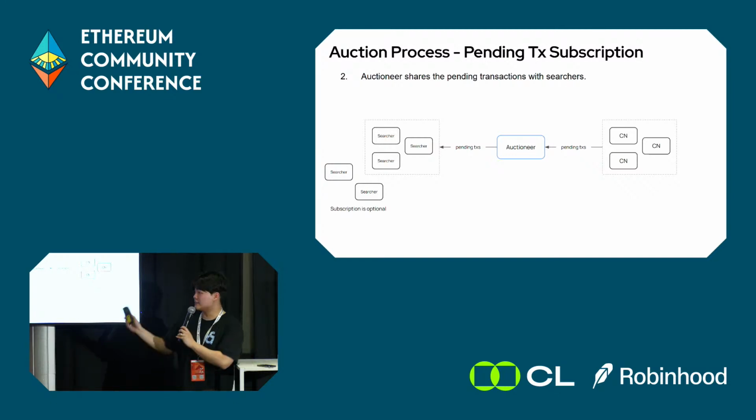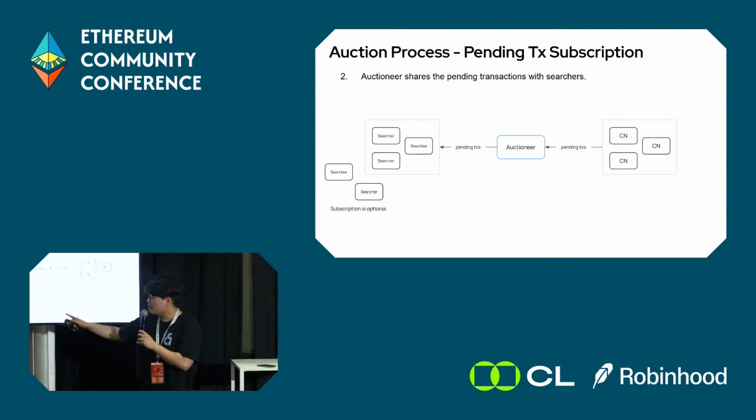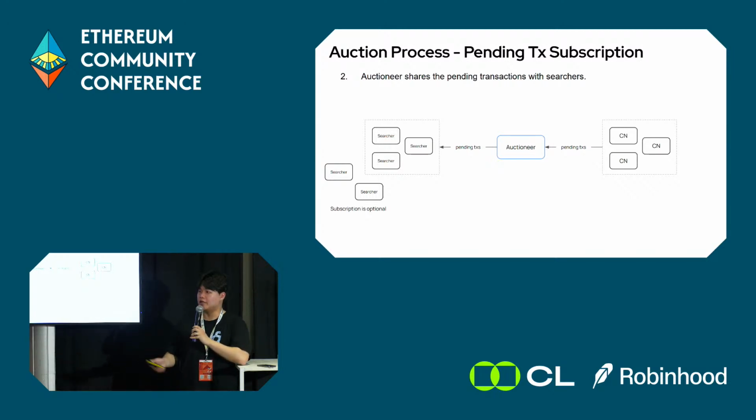This is not mandatory, so if a searcher has more information, I think that is impossible. But anyway, searchers do not want to waste their computer resources to subscribe to the pending transactions. They can just ignore the result from the auctioneer and manage their own node client, like they watch their own mempool, something like that.